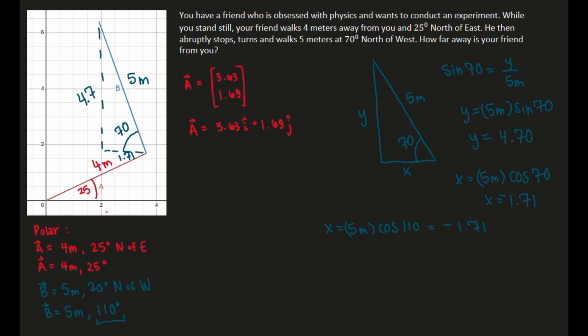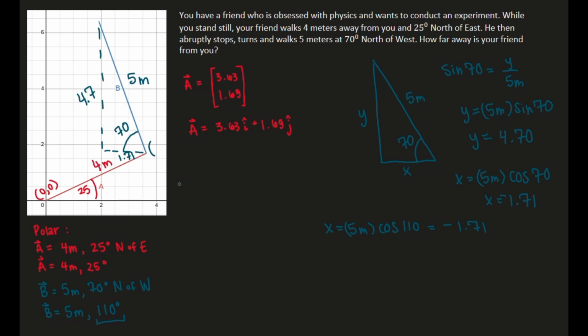So for the relative position, my A vector starts here at the origin, 0, 0. So when we write its vector notation form, I don't need to account for its origin because it's 0. I do, however, have to account for it for vector B, because vector B is no longer starting at the origin. How can I figure out where vector B is starting?